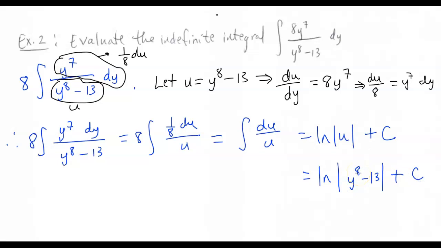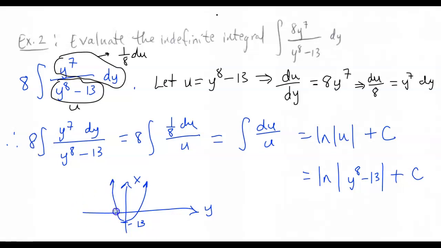And so notice here that we need to have the absolute value signs on there, because our function y raised to the 8 minus 13, and I'll just draw it like this to kind of make my point. So let's say if we have a function x in terms of y here, well, y raised to the 8 minus 13 is going to look something like this.